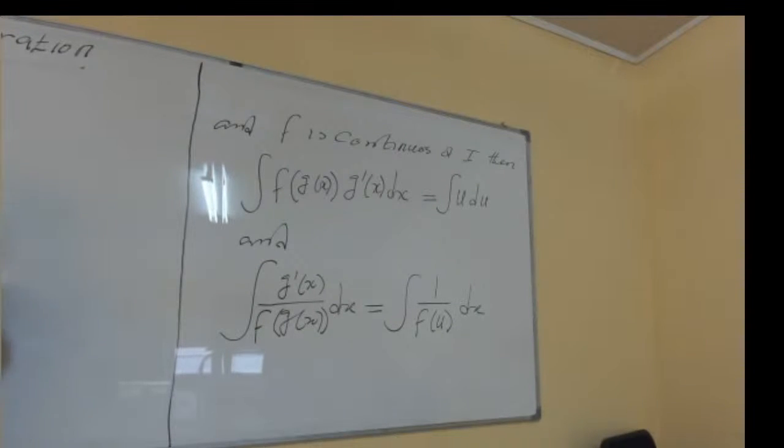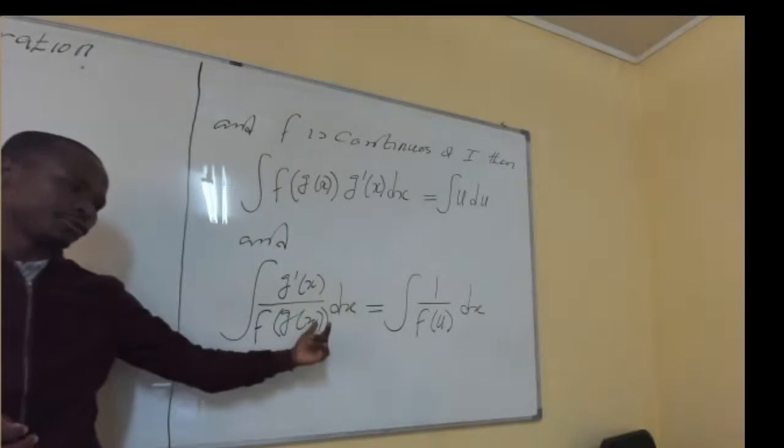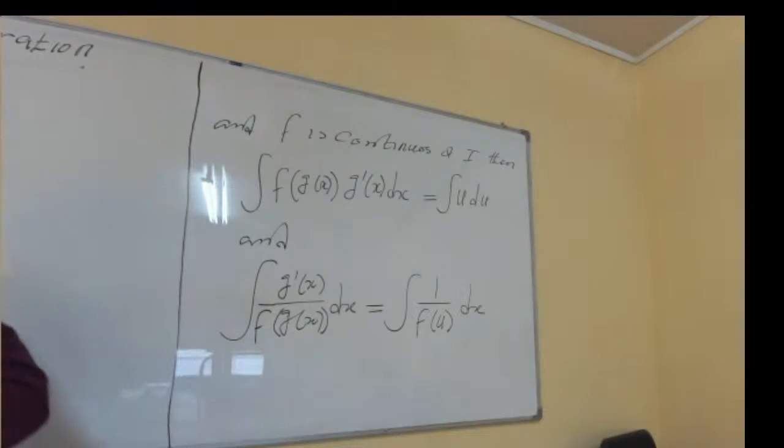The choice that is so critical here is the choice of u. What should be your u in this theorem?